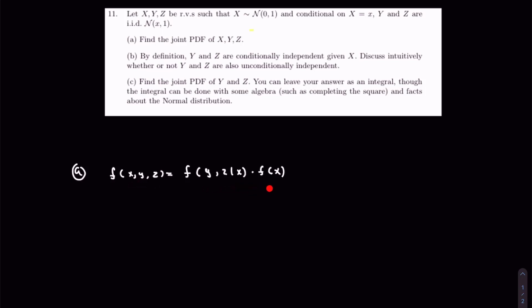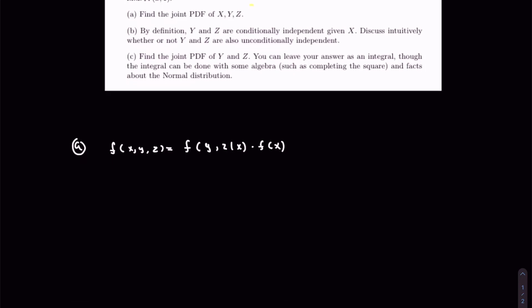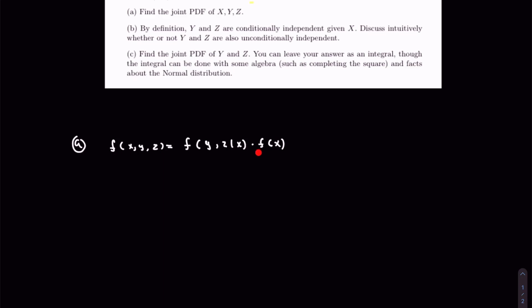So this we can do. And this, we know what it is. It's a Gaussian, and that is a conditional. So once we know this, we can do the rest. Now let's write.